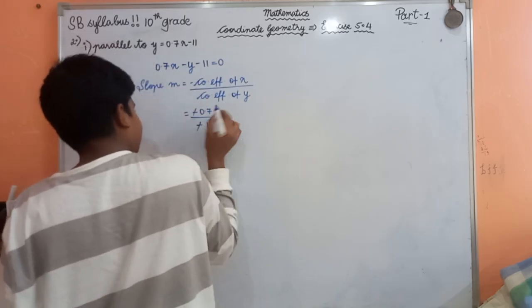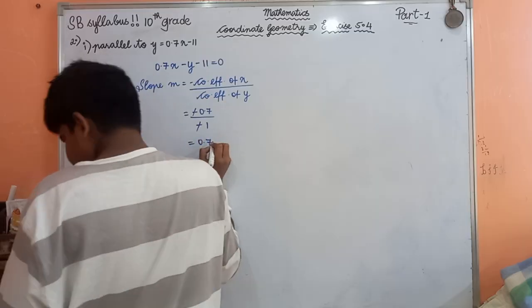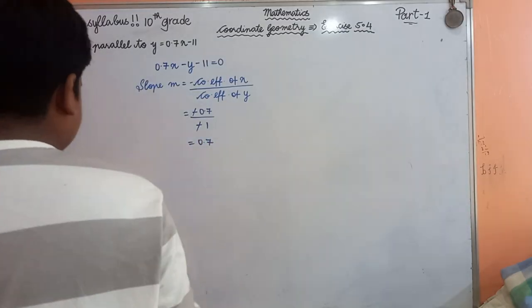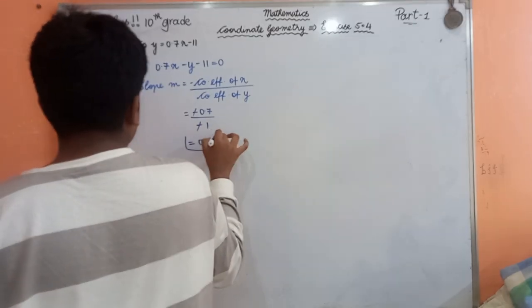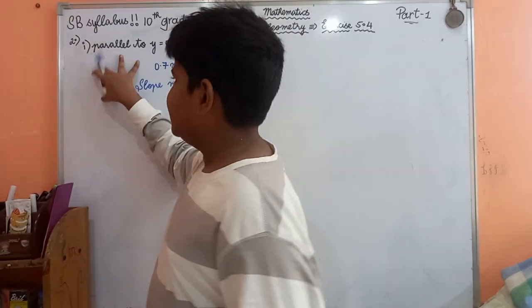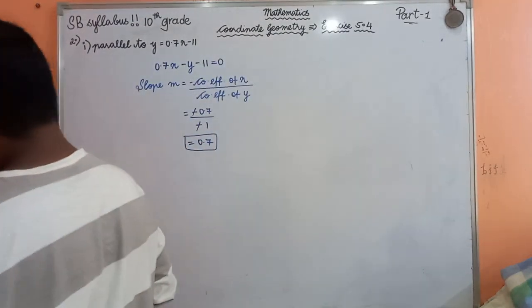The minus signs cancel, so 0.7 divided by 1, you'll get 0.7. So that's it, guys. That's the answer. Parallel is different and perpendicular is different, so that's why we're going to look at the second subdivision.